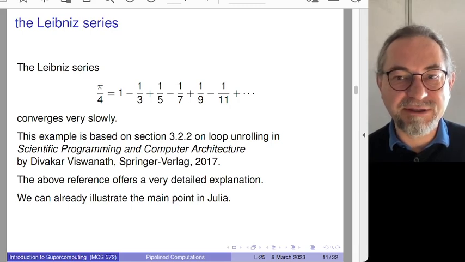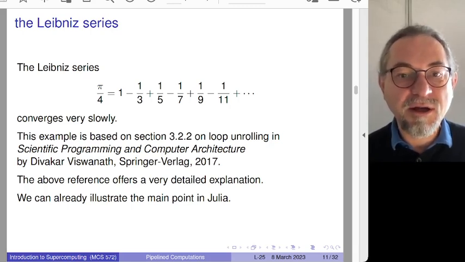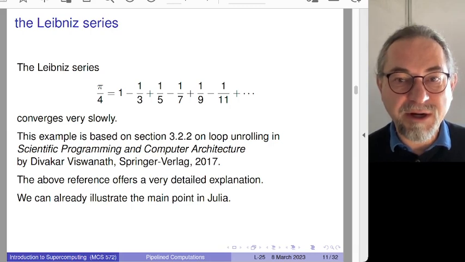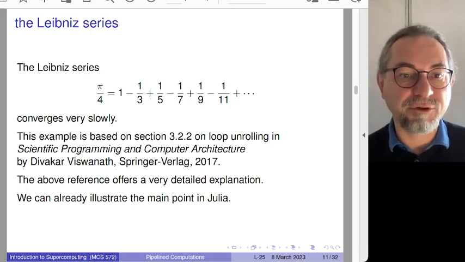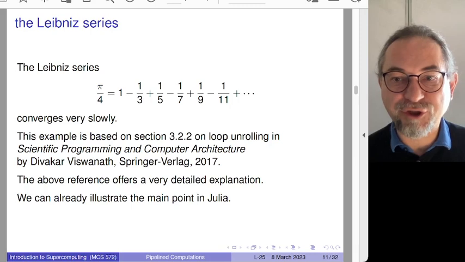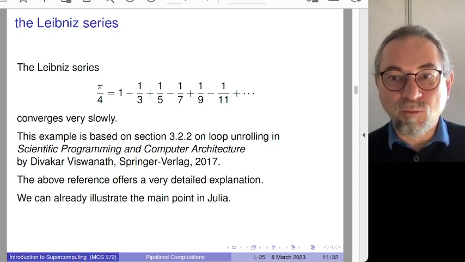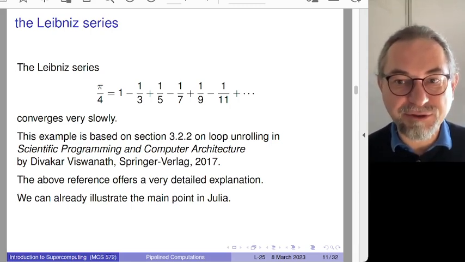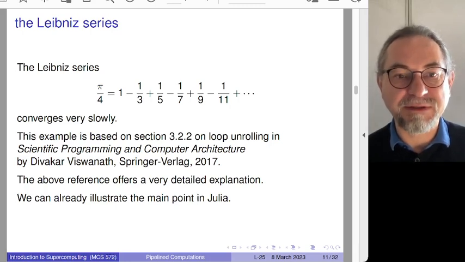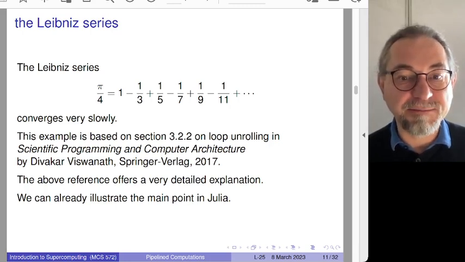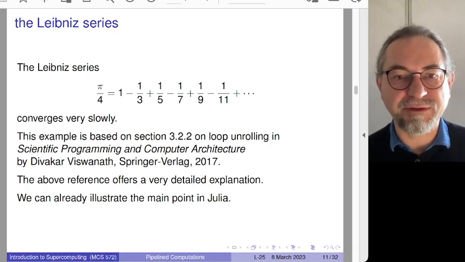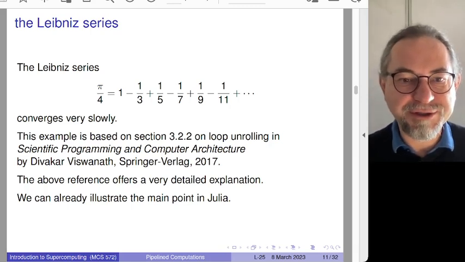I took the inspiration for the following example, the approximation of pi via a very slowly converging series. It's also a motivation to apply extrapolation methods, but I will use it to demonstrate loop unrolling. While C is indeed still a great language, and C++ to get the most performance, we can already illustrate the main point in Julia, which is one of the official languages in this course.